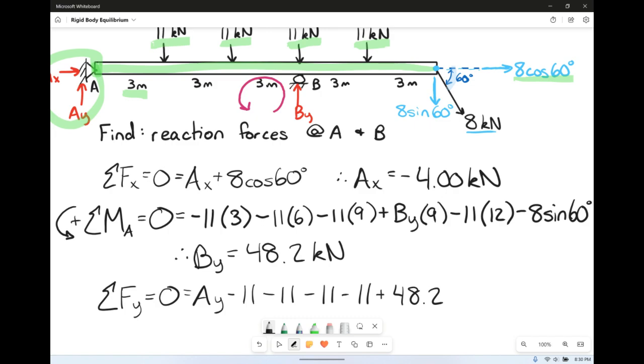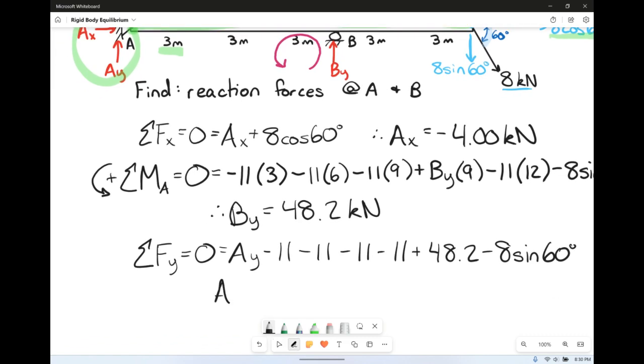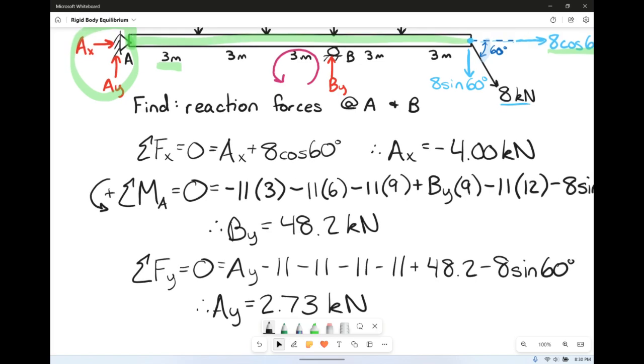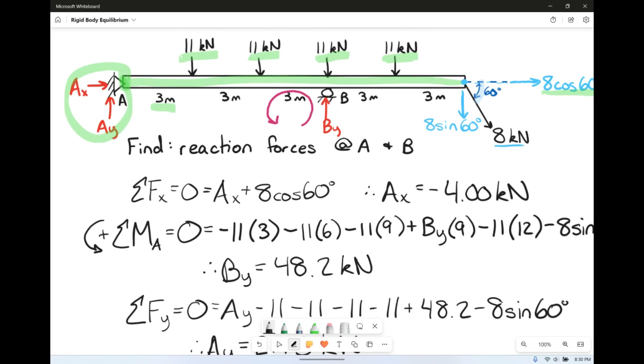And then we have our minus 8 times the sine of 60 in there. So we can find Ay, and Ay is going to equal 2.73 kilonewtons. Rather small because By has taken the grand majority of it.